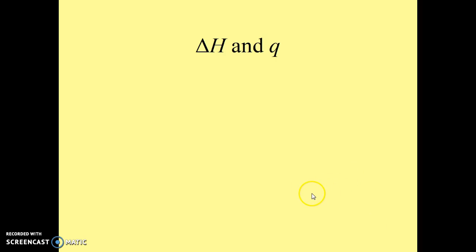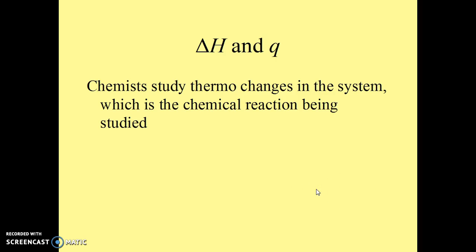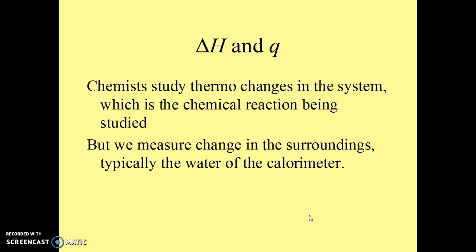Let's talk about delta H and Q. Chemists study thermodynamic changes in the system, and that's the chemical reaction that's being studied. But we're not able to measure anything about that chemical reaction in most times. What we measure are the changes in the surroundings, typically the water of the calorimeter.